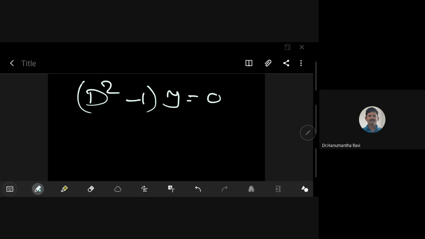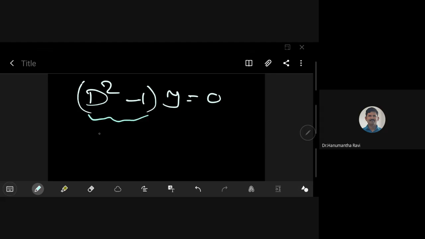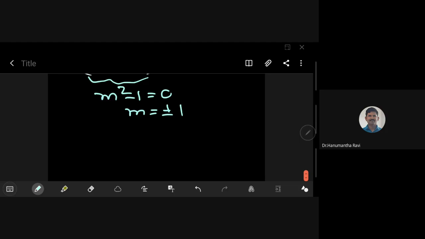The auxiliary equation is m square minus 1 is equal to 0. So m is plus or minus 1. This being a homogeneous equation, the solution is y is equal to a e power x plus b e power minus x.